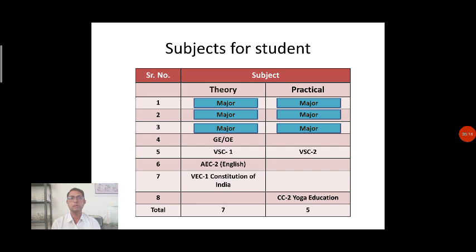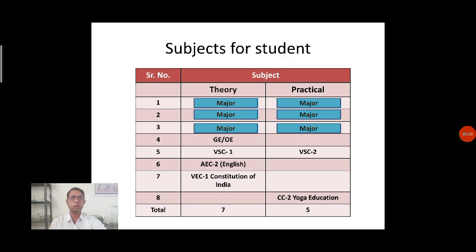So this is nothing but the overall syllabus for a single student. Each student has this syllabus for the completion of BSc in the second semester. So 7 theories and again 5 practicals for these theories.